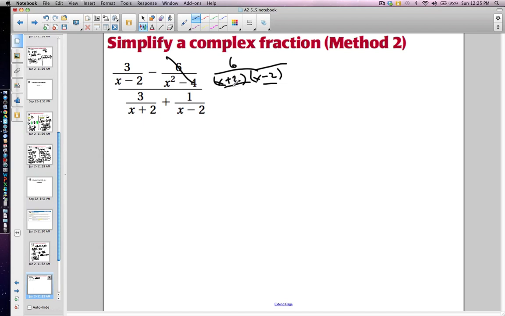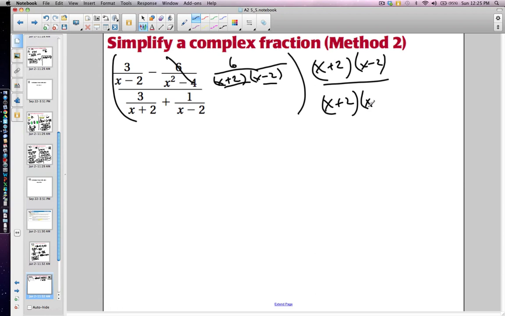when I go through and I multiply, what's going to happen? So let's take this whole thing, and I'm going to multiply it times (x plus 2) times (x minus 2). Again, I'm multiplying by a fraction that equals 1. And I also have to use the distributive property.